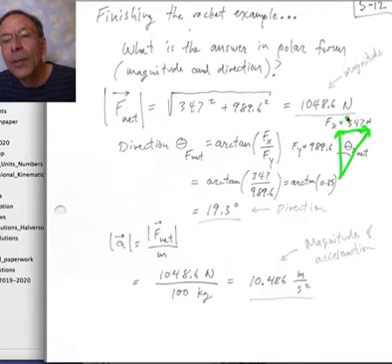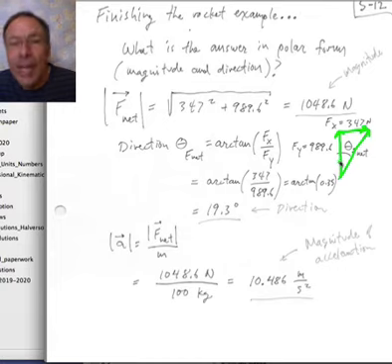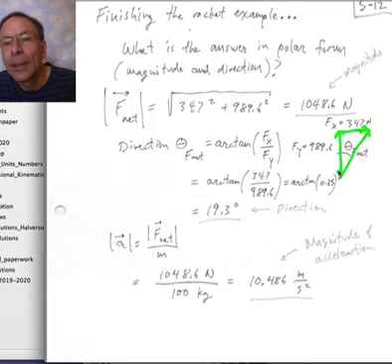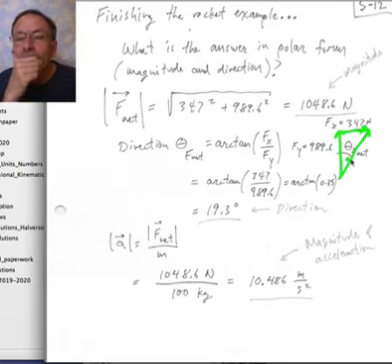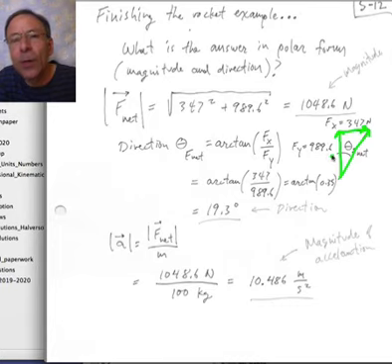So in this triangle, the horizontal component is 347, the vertical component is 999.6, and this is a right triangle, so the tangent, which is the opposite over the adjacent, can be used. So the tangent of this angle is going to be given by this and that. But what we're after is the angle itself, right? So we want the inverse tangent or arctangent.